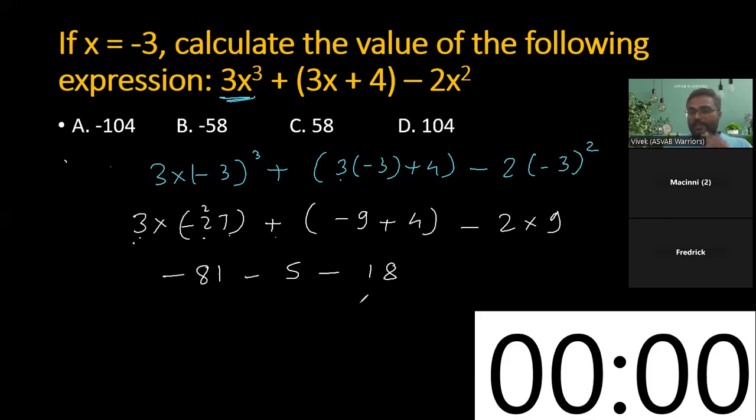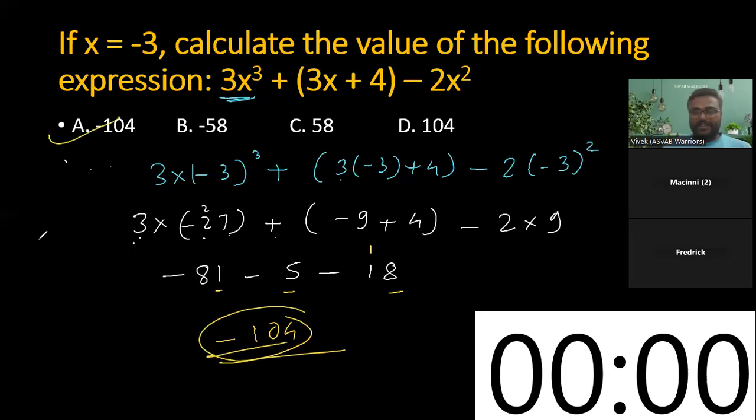So if you observe carefully, there are all negative signs. So you just need to add it. 1 plus 5 plus 8 is nothing but 14. Carry the 1 over. 1 plus 1, 2 plus 8 is nothing but 10. So -104. This will be your answer.